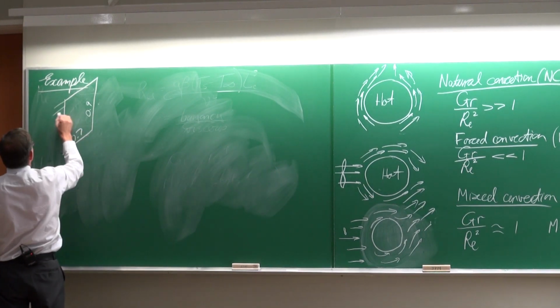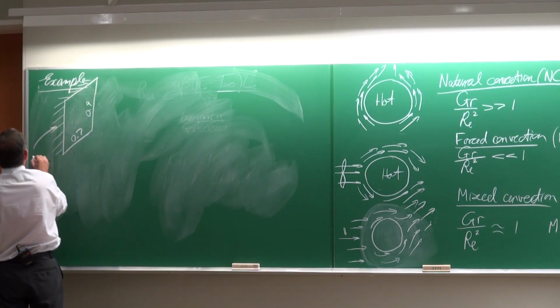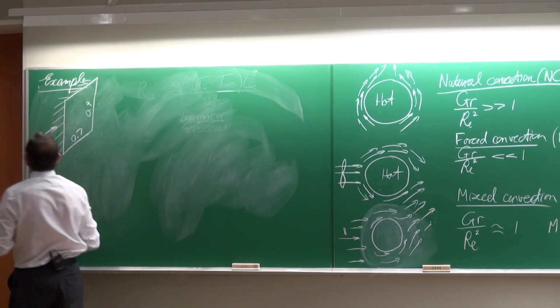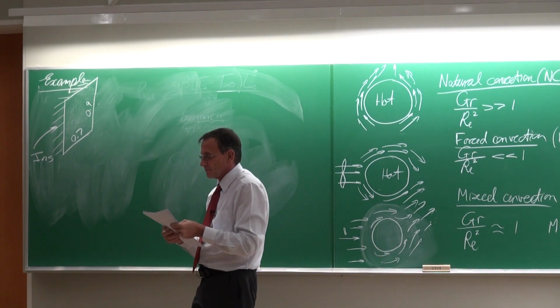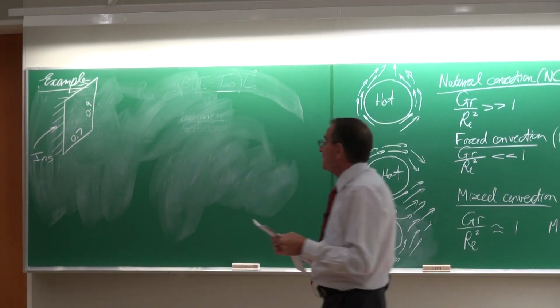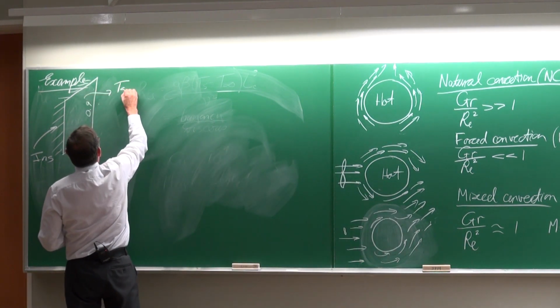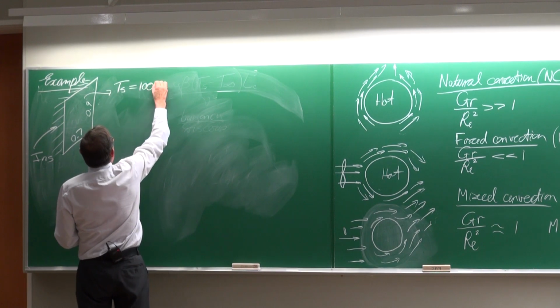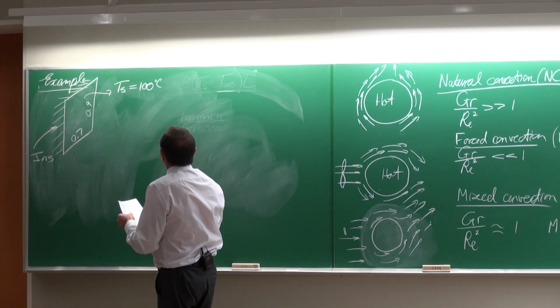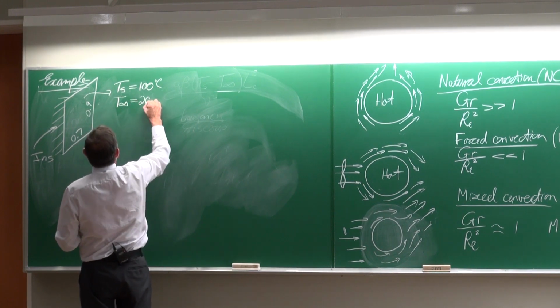And this flat plate is insulated on the one side, with a surface temperature of 100 degrees Celsius. And the environment temperature is 20.